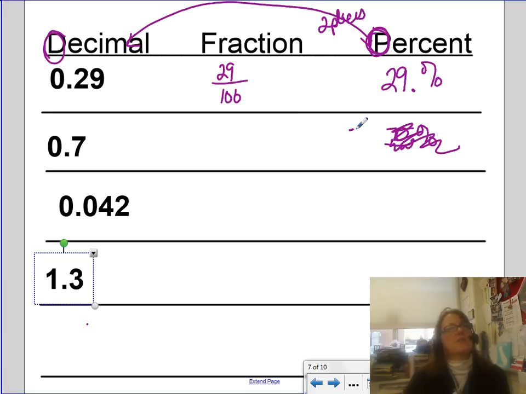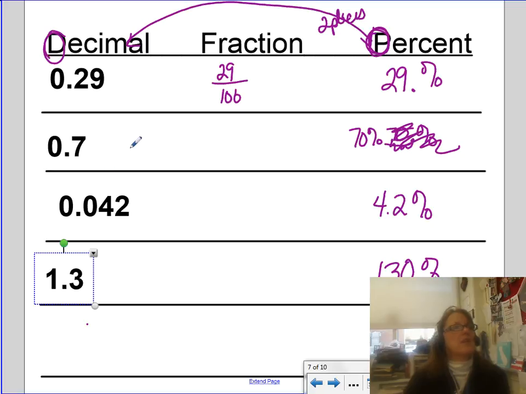Yeah, that's right, 70%. This one, 2 spots to the right, 4.2%. And this one, I'm going to have to add a 0 to get 2 spots to the right. Decimal to percent is pretty easy to convert.